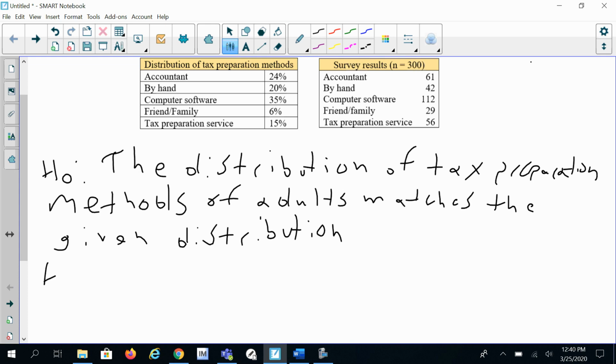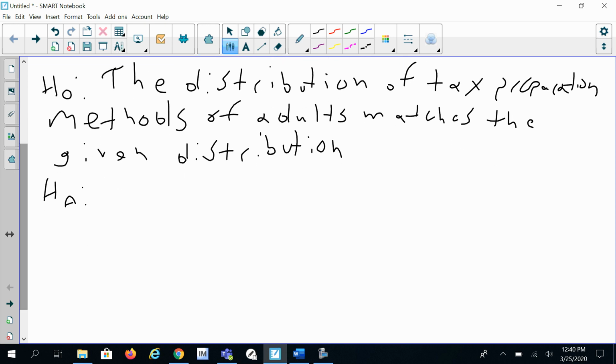So then HA, and it's not like you can really read what I'm writing anyways, but I will try and write it, is always that the distribution does not match.